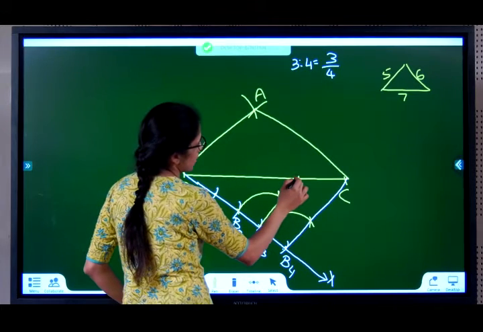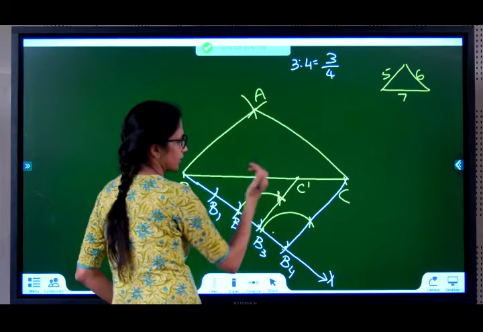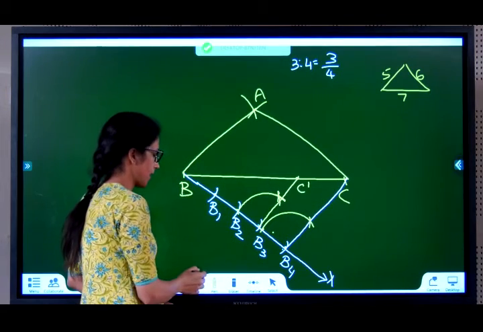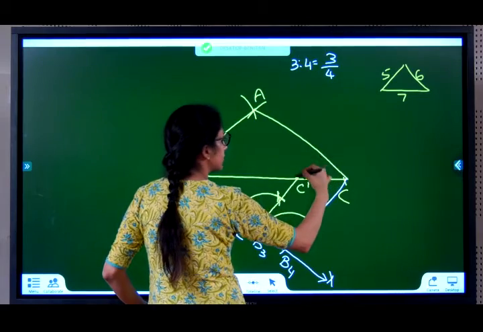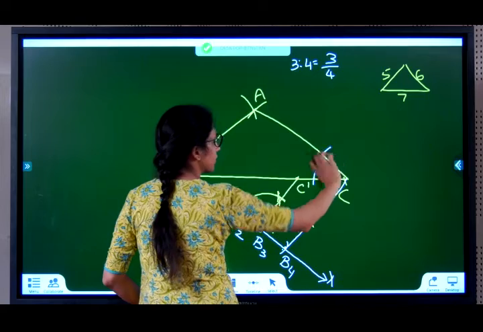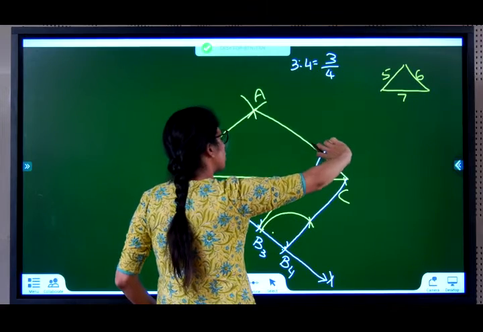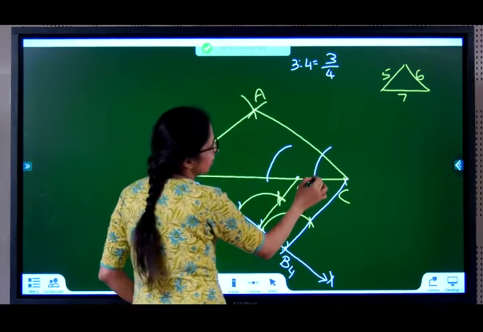Till here fine? Now this is your new C dash. Now what do we do? Whatever angle is here, construct the same at C dash. So how do we construct the same angle? Draw an arc, come to C dash with the same arc length, draw the arc.